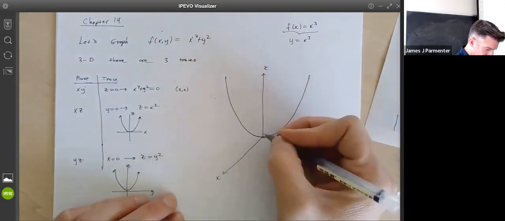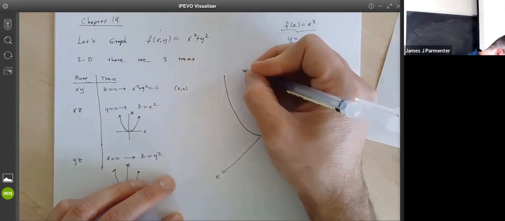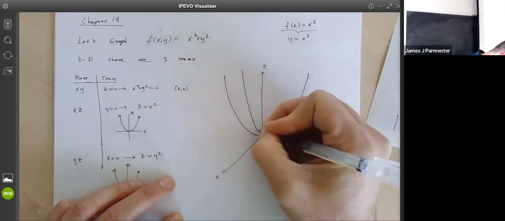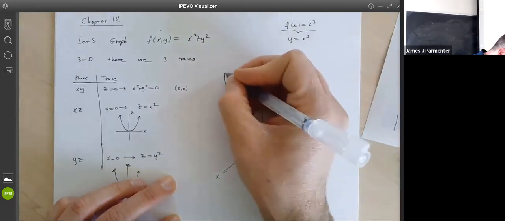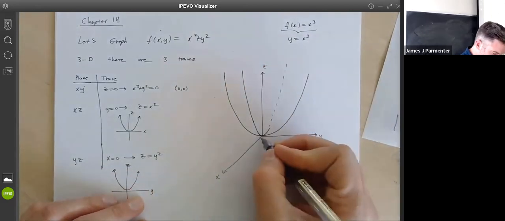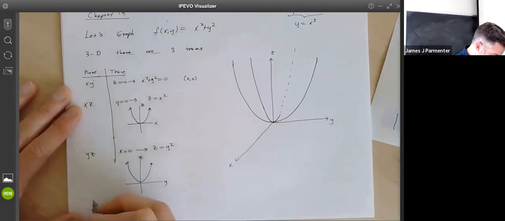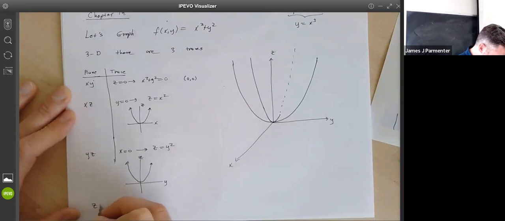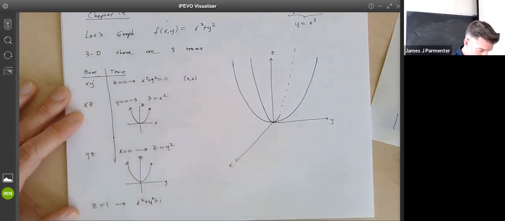And in the XZ plane, I also have a parabola, which is going to be a little bit hard to draw, but I can do it. And then in the XY plane, I have nothing, but if I move up a little bit, like if I look at the level curve where Z is equal to 1, I'm going to get X squared plus Y squared equal to 1, which is a circle.